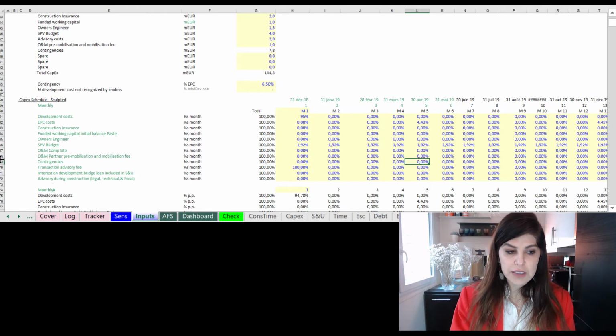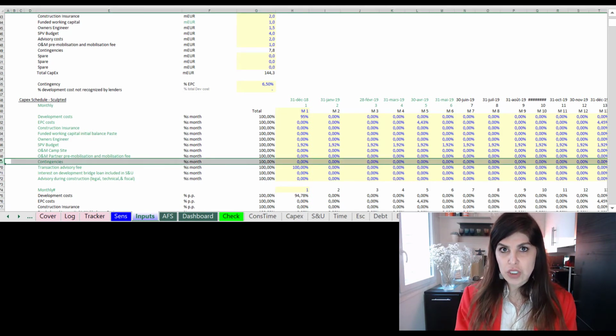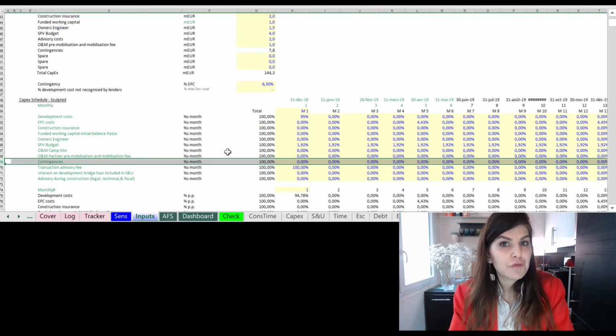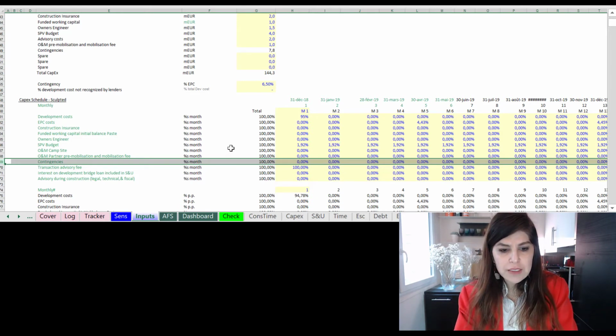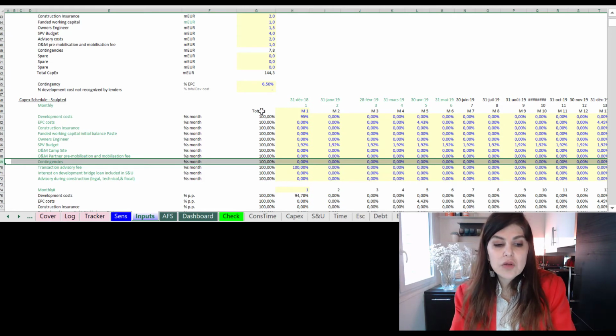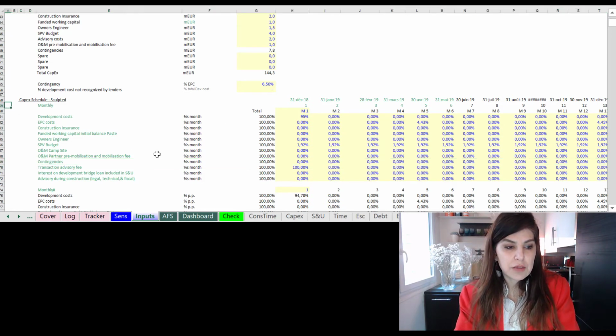So it is quite flexible in changing the spending of the contingency provision. We also need to provide that flexibility. I think that's all you need when it comes to modeling contingency provision. Now let's have a quick look at the unspent contingency.